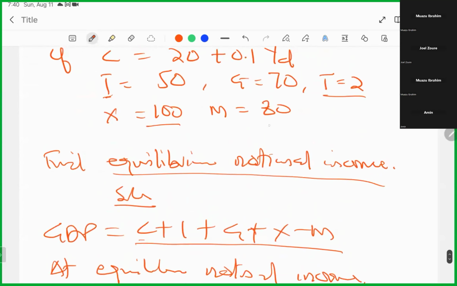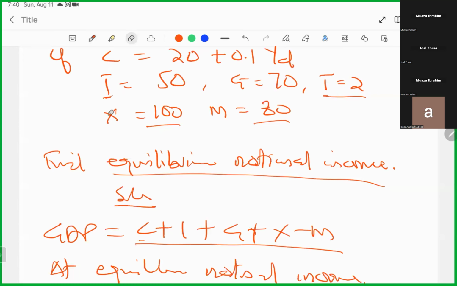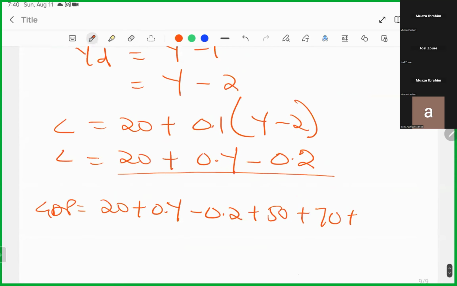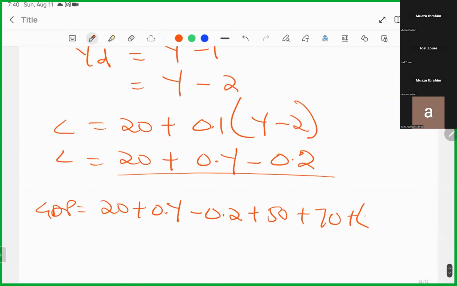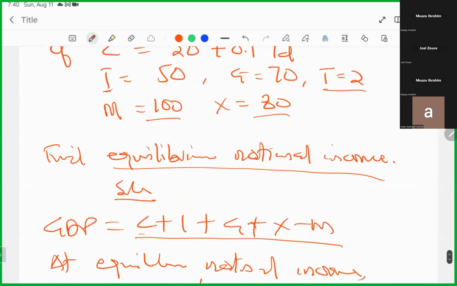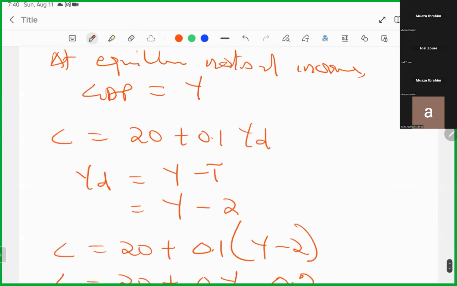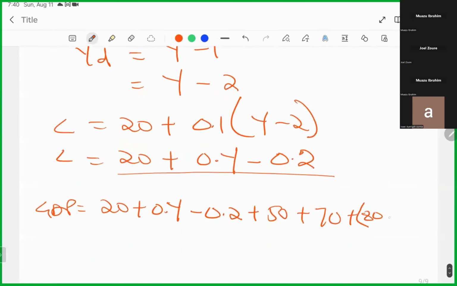Export is 80 and import is 100, so 80 minus 100.